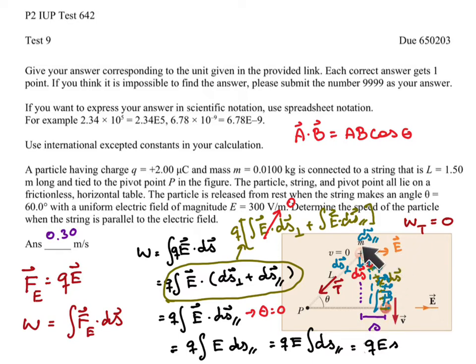Or it means that if you look at this figure and project the initial position of the particle here and the final position of the particle here, the integral of ds parallel is equal to this distance, which we call s. This is just a summation.